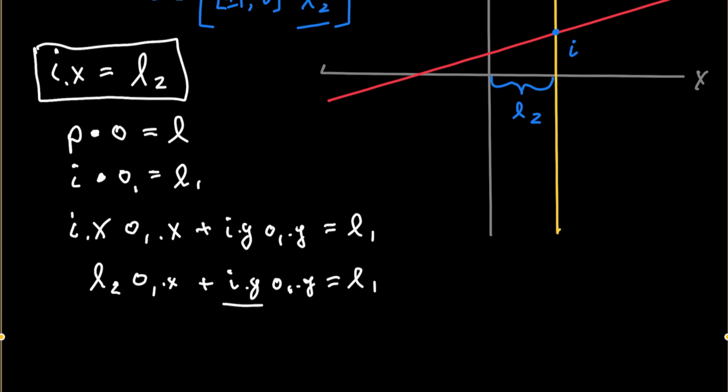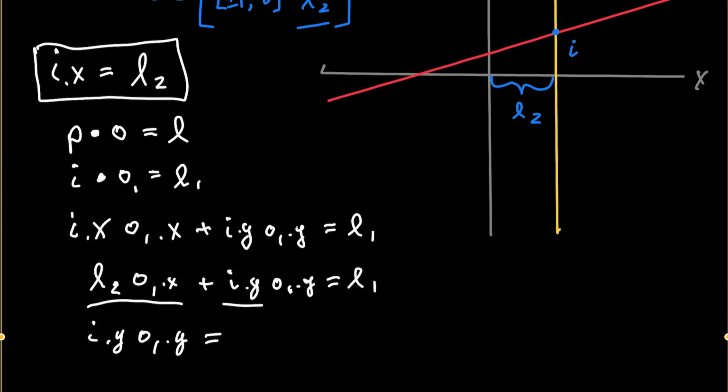So that says through algebra we can solve it. All we got to do is manipulate this equation to put the I dot y on one side. All right, so let's see. The first thing we'll do is subtract this thing from both sides. So now we'll just have I dot y times O1 dot y.